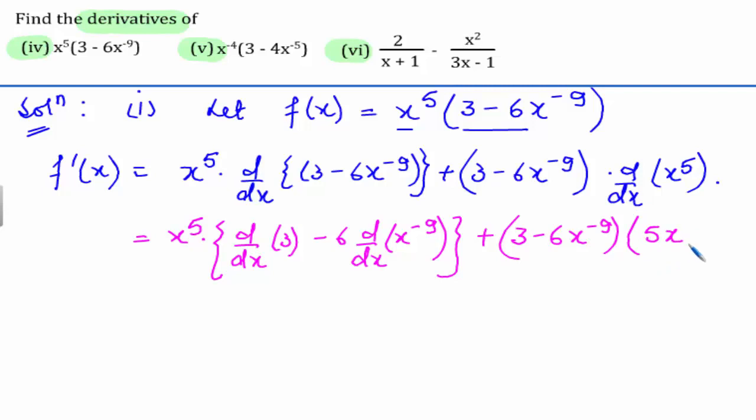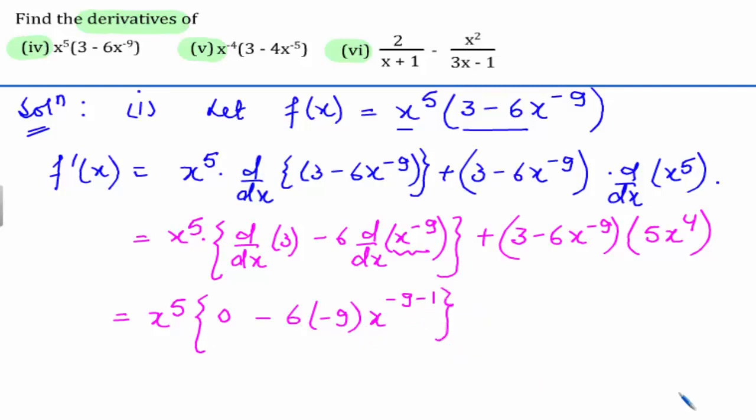Now this is further equal to x raised to the power 5. Now the derivative of a constant with respect to x is 0, minus 6, and here the derivative of x raised to the power minus 9 is minus 9 into x raised to the power minus 9 minus 1, since we know that the derivative of x raised to the power n with respect to x is given by n into x raised to the power n minus 1.